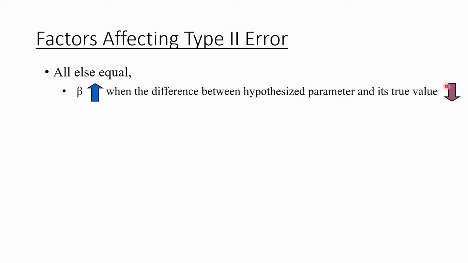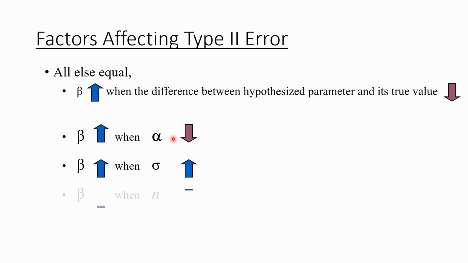Also, your beta increases when your alpha decreases. Now, what is alpha? Alpha is the probability of type 1 error, as we talked about before. Again, your beta increases when your sigma increases, and finally, your beta increases when your sample size decreases.